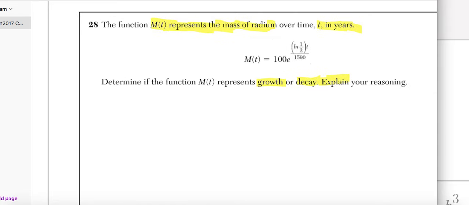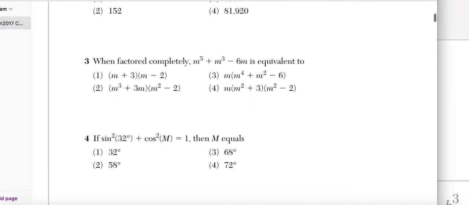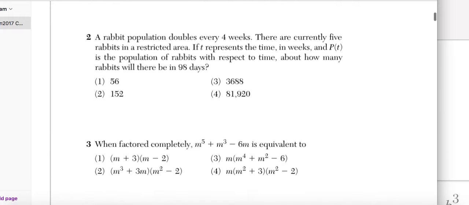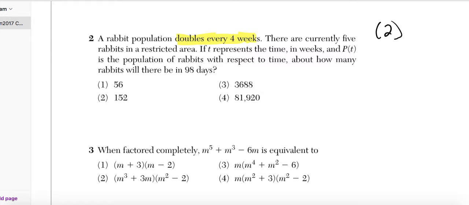If you looked at the video, I'm going to go back up for a second because I want to make sure you guys understand this, because this will really increase your understanding of math and how to solve these problems with greater ease. If we look at number 2, which we did in a previous video, it said that a rabbit population doubles every 4 weeks. So if it's every 4 weeks and t was the number of weeks, it's not 2 to the t power, it's 2 to the t over 4.